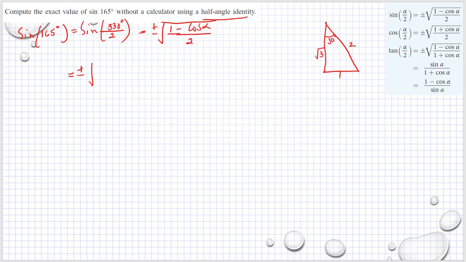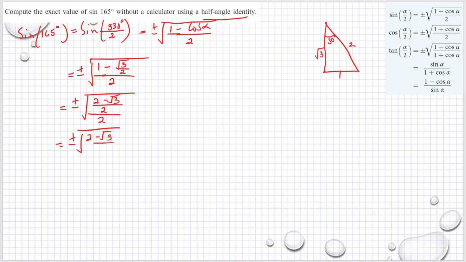Cosine, I should say, is square root of 3 over 2. We have plus minus square root of 1 minus square root of 3 over 2 over 2, that is 2 minus square root of 3 over 2 over 2. Plus minus the square root of 2 minus square root of 3 over 4. Then the square root of 2 minus square root of 3, the square root of 4, oh sorry, it's 2, divided by 2.